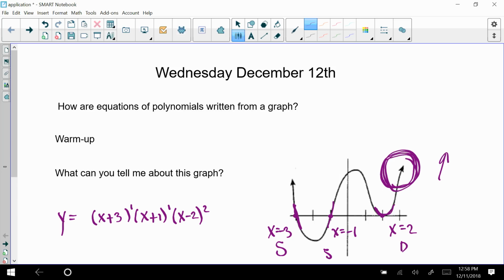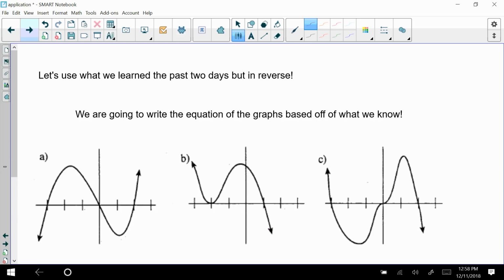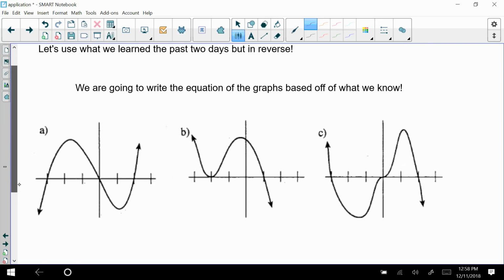So that's all you're doing, is actually going backwards. So let's practice a couple. Three different graphs right here for you. So the first one, we have 3 roots at x equals -3, x equals 0, and x equals 2. So x equals -3 gives us an x plus 3.